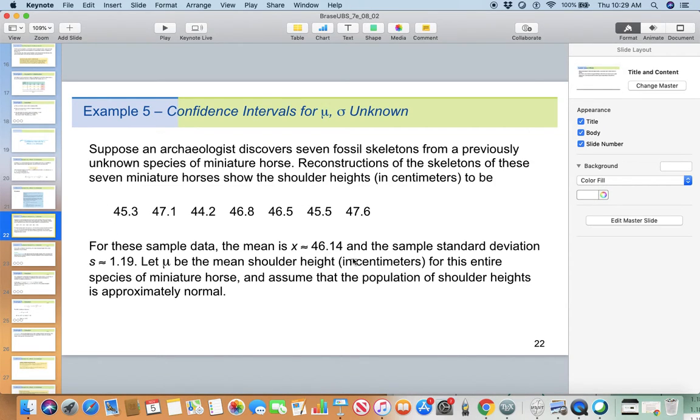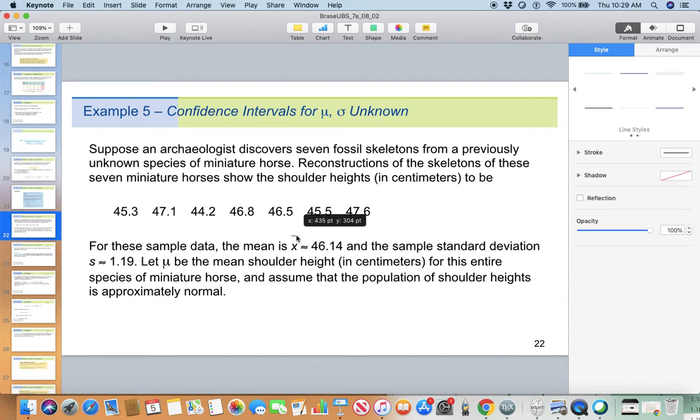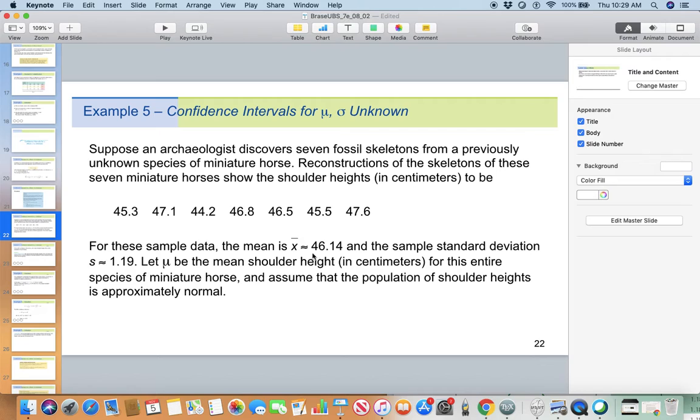So x bar is approximately, well, how do you find the mean? Add them all up, divide by 7. And then the standard deviation. If you remember the sample standard deviation, it is a bit of work, but we learnt about this in one of our earlier chapters.